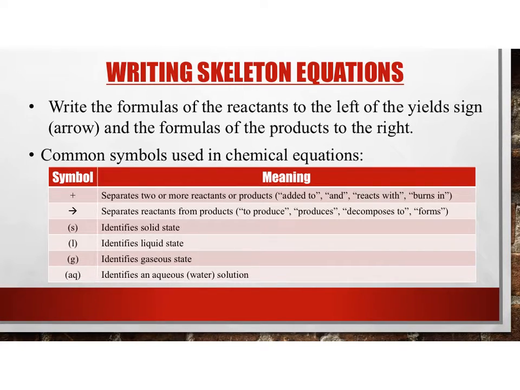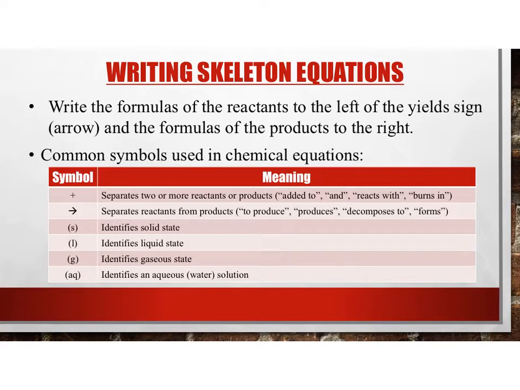There are 4 symbols that help us to determine the state or identify whether the substance is a solution, and those are also listed on this table. You would place those symbols, the S, L, G, and AQ, after the formula when writing the equation.